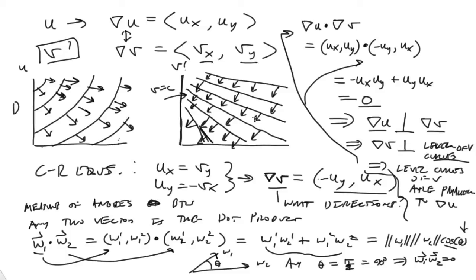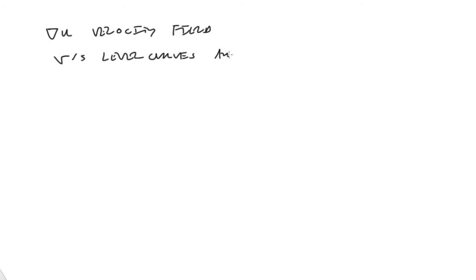There we go. That's how we understand what's being stated here between these things. So now let's bring it back to fluid flow. If u is the velocity field, v's level curves are called the streamlines.